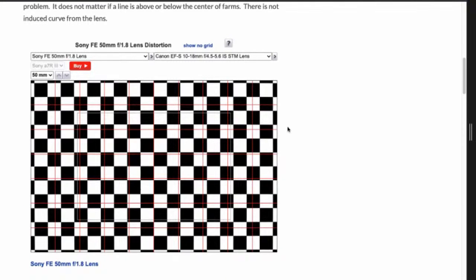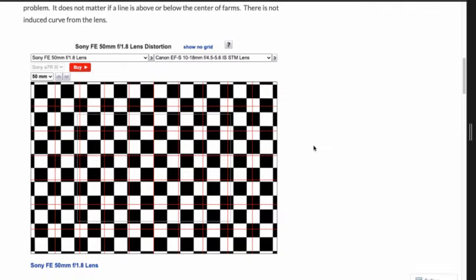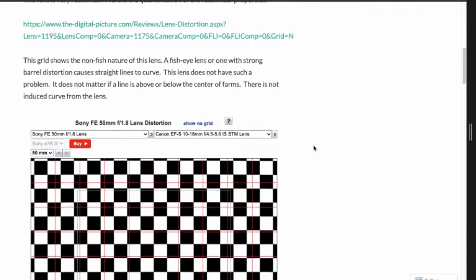Right here you can see from the website that quantified the amount of barrel distortion. It is not observable. The barrel distortion of that lens is so minuscule that you can't see it at all. So this guy managed to get the first picture of curvature ever, huh?